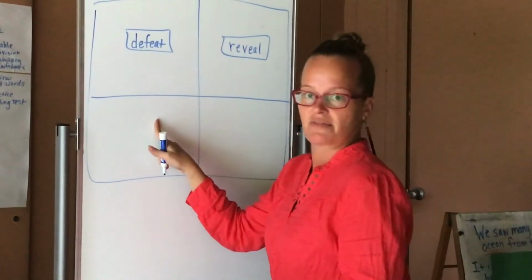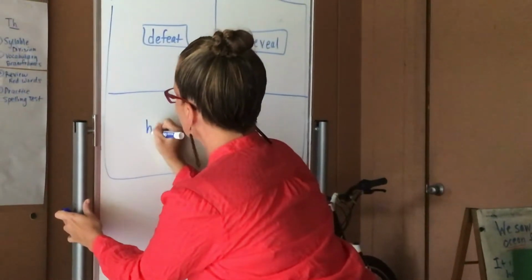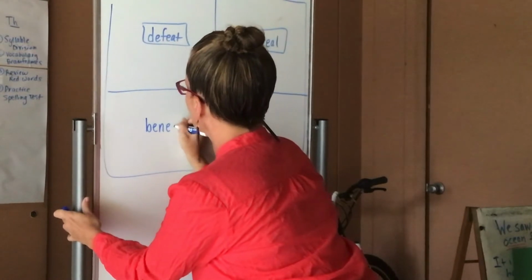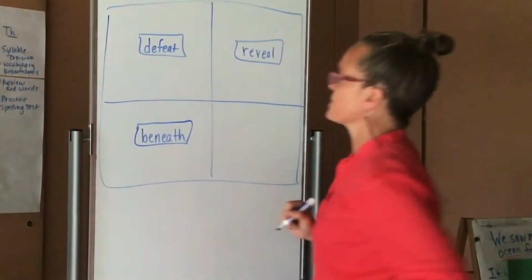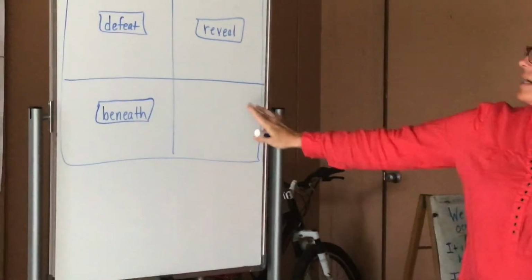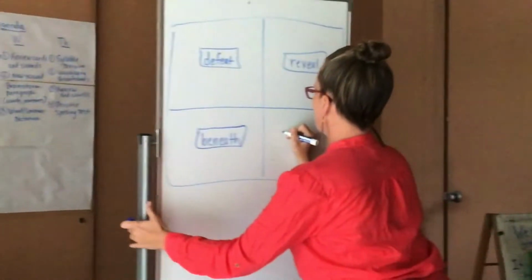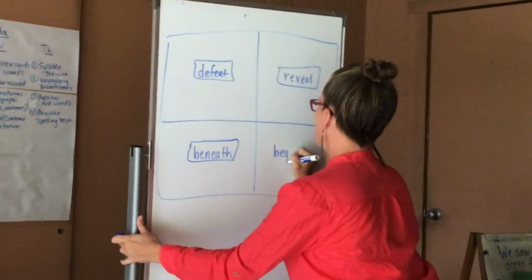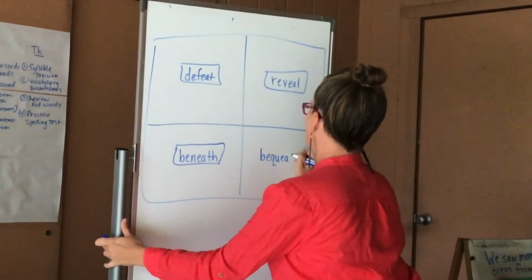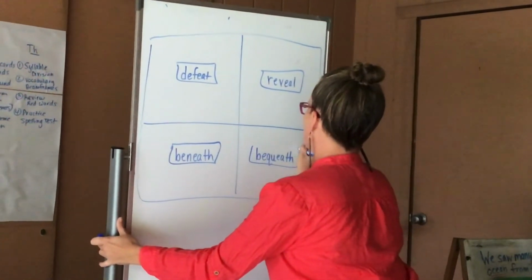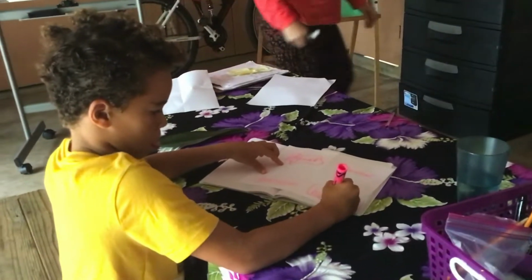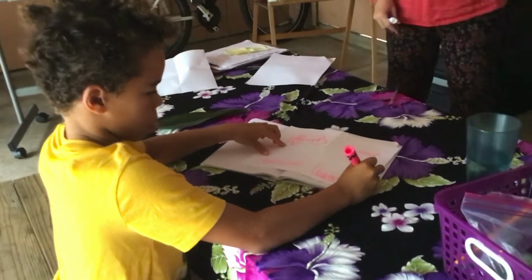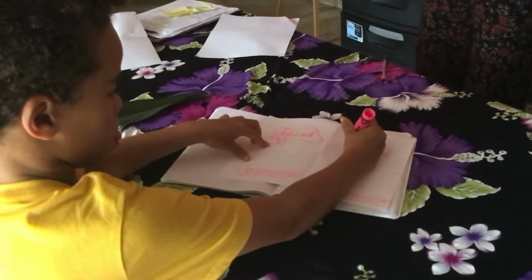This is beneath, defeat. But no one really should be beneath defeat. It happens to everybody. And the last one, the one that we're questioning, bequeath. That's how it should look for now. You can make them look pretty with marker, but you have to have enough room to write.